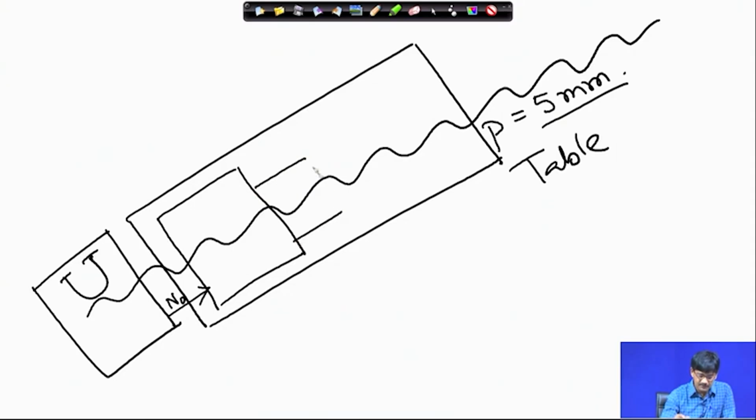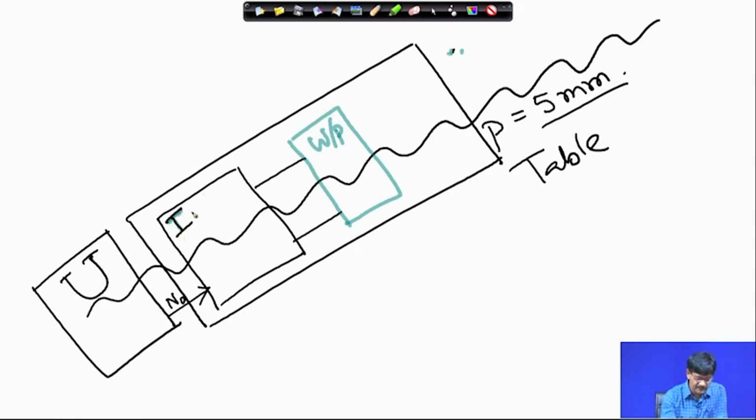So, this one holds the workpiece. This is the workpiece. So, screw rotates, table moves, gear ratio changes this RPM and gives it to the indexing head. This is the indexing head, I head.